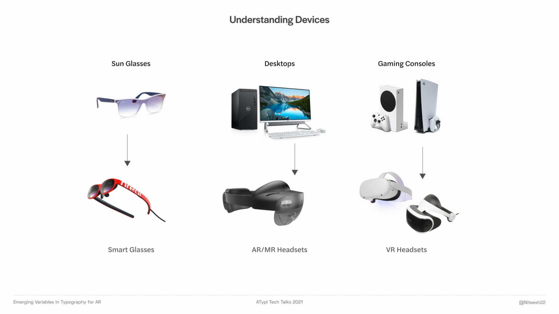This shift is also happening in desktops, going from desktop to AR and mixed reality headsets, which means we may no longer need these bulky desktops around us for a longer period of time.